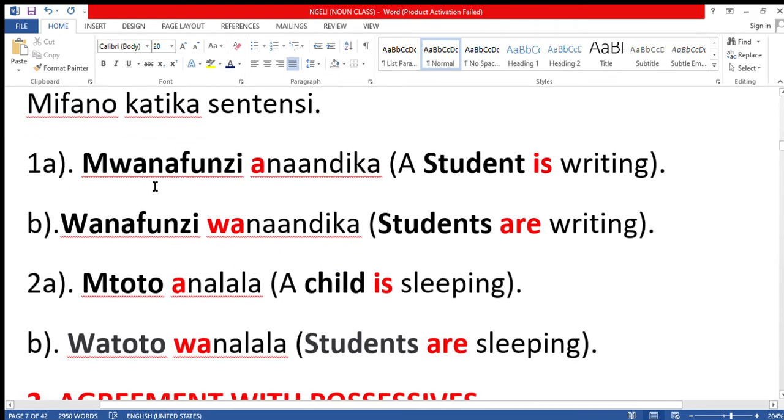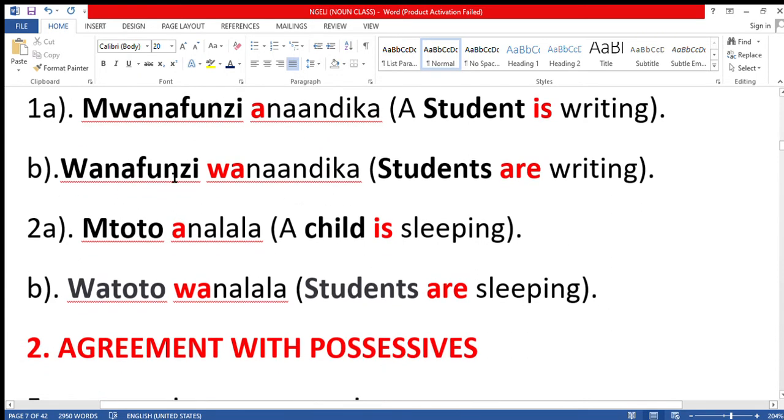Mfano wa kwanza. Mwanafunzi anaandika. It means the student is writing. The second sentence, part B, wanafunzi wanaandika. You notice that mwanafunzi here is the noun in singular form, and wanafunzi is in plural form. The verb starts with a, na andika.